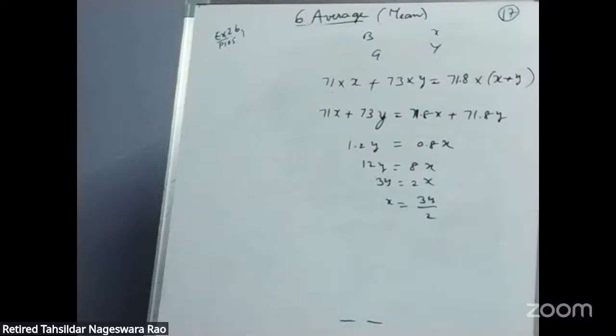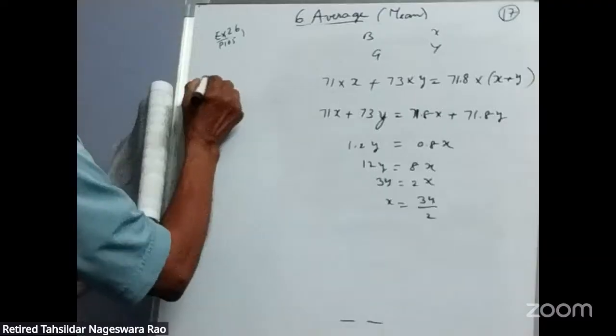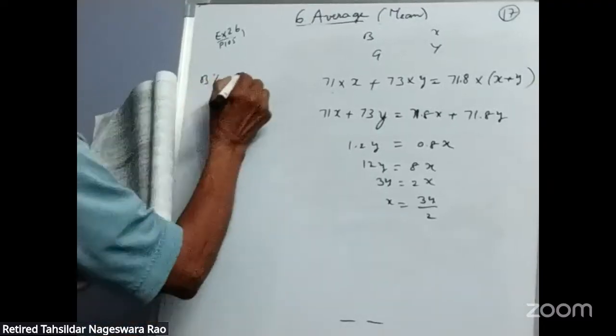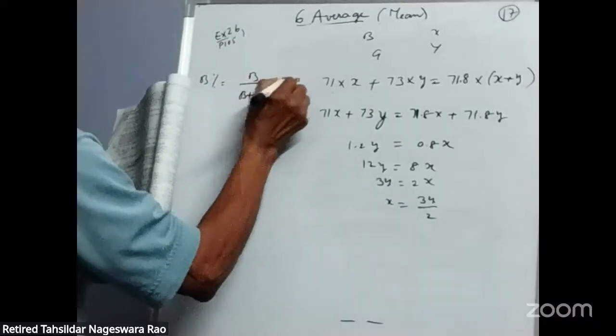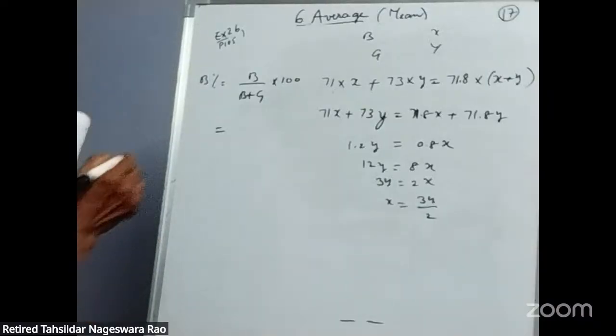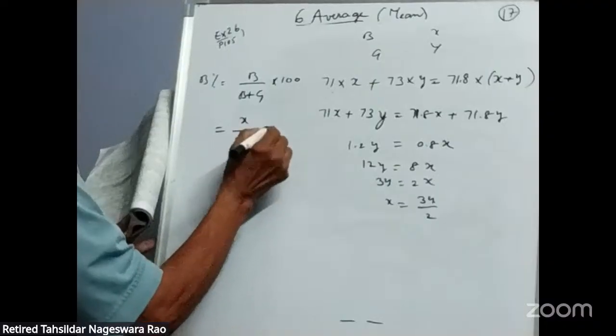Next, percentage of boys. We want the percentage of boys. How? Boys by total into 100. That means boys x by x plus y into 100.